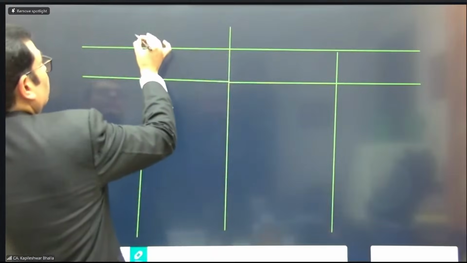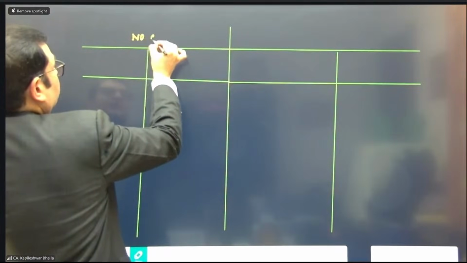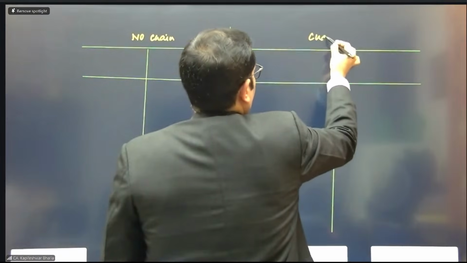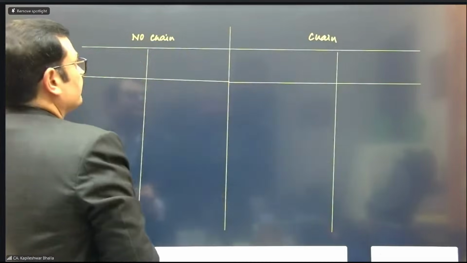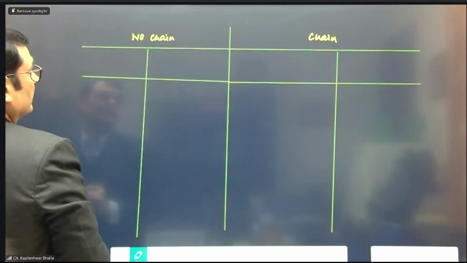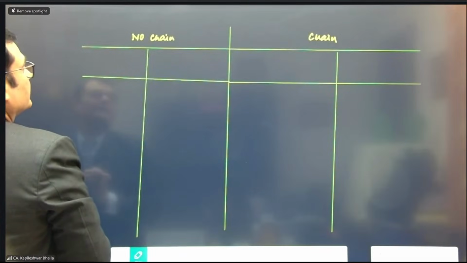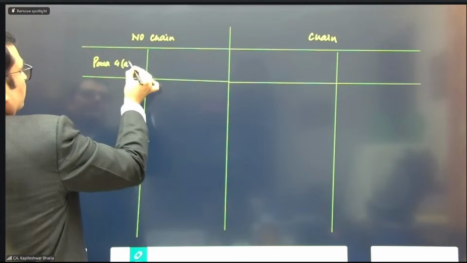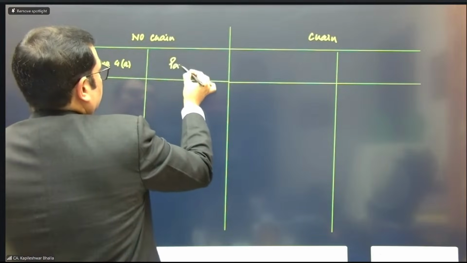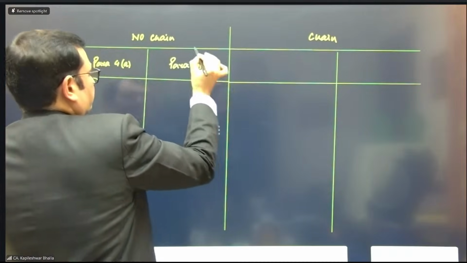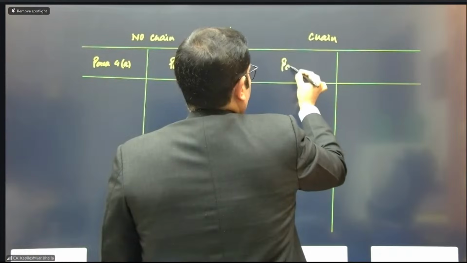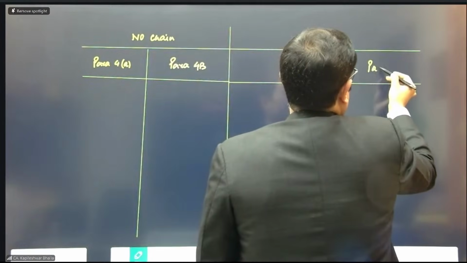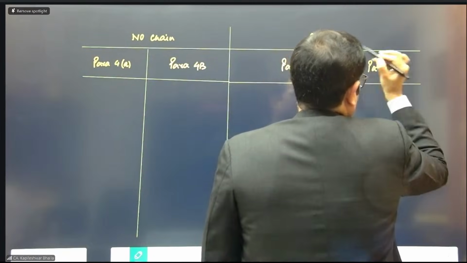The first thing is that there is no chain. The second is that there is a chain. Now, when there is no chain, I am looking at the concept of para number 4A and para number 4B.